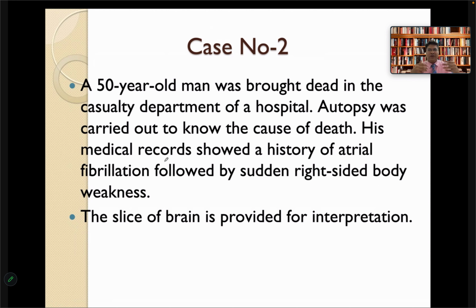Stasis of blood will lead to thrombus formation, and this thrombus gets dislodged, becomes an embolus, and from the left side of the heart it enters the aorta, and from the aorta it reaches the brain, and it blocks one of the blood vessels in the brain, which leads to infarct, and this infarct is called as red infarct or hemorrhagic infarct, and the reason is embolism.